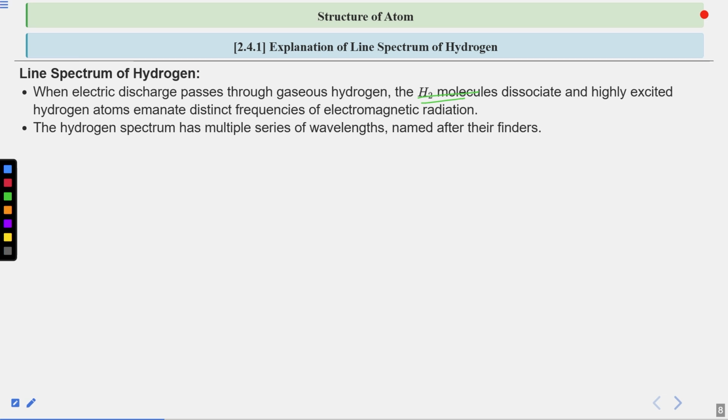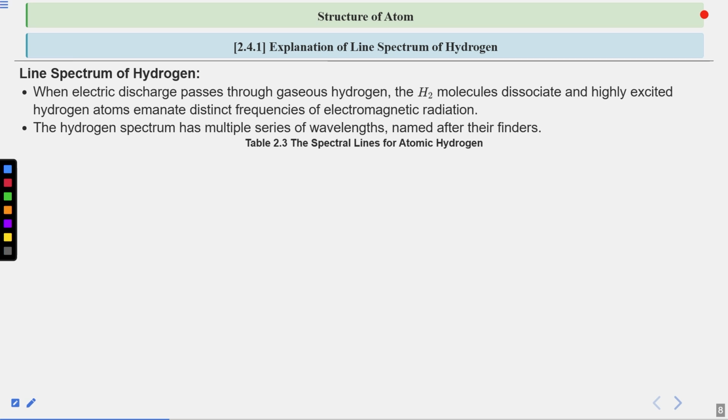So there can be multiple wavelengths that we will get depending upon the energy with which we have excited the molecule. Suppose different transitions can be possible. So we will see those transitions one by one. So electric discharge is not giving colors.